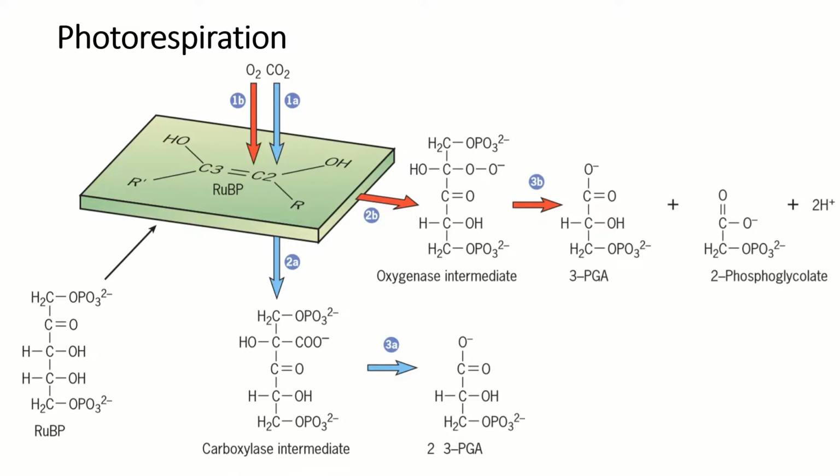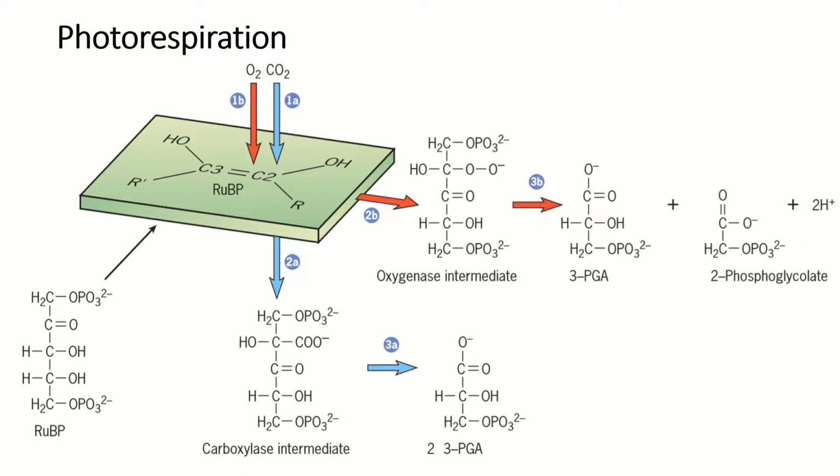But the other pathway, which is the non-favorable one, as the name of Rubisco suggests, ribulose biphosphate carboxylase oxygenase, the oxygenase portion, is the portion where Rubisco would wrongly incorporate instead oxygen gas into our ribulose biphosphate to form oxygenase intermediate, but only one PGA.